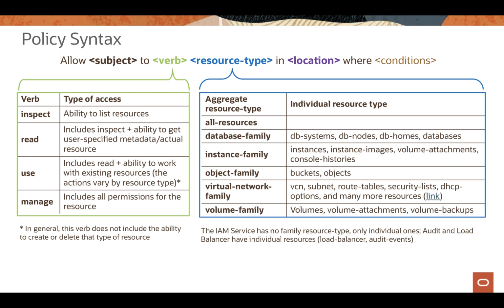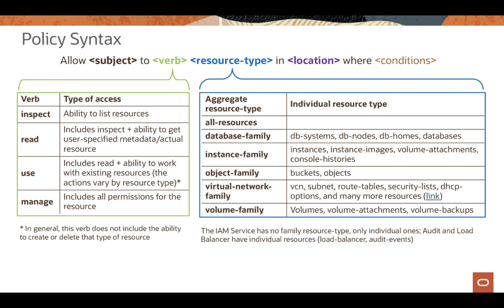If you say any-user, it would apply to all the users. Again, you can have the names separated by commas, or you can have the keyword group or dynamic-group followed by the keyword ID, and then the OCID. Then you can have a comma, another ID, and then the OCID, and so on.